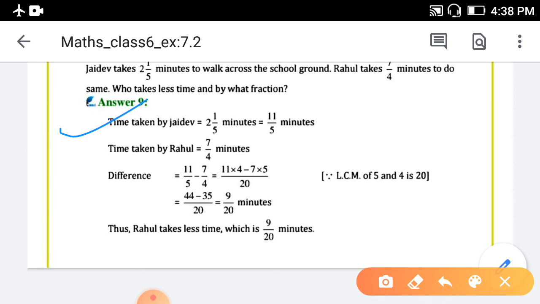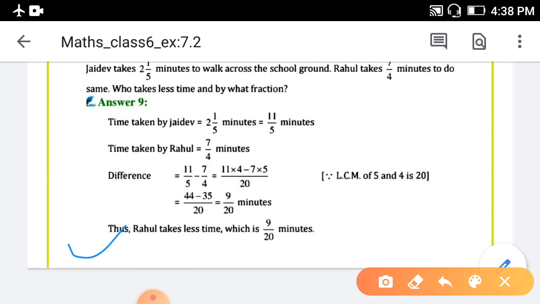Less time means again comparison. So to compare any number of fractions, you can compare in two ways. First you can find the ratio and second you can find the difference. So we will follow the difference method. Subtract them, so you will get 9 upon 20 minutes.